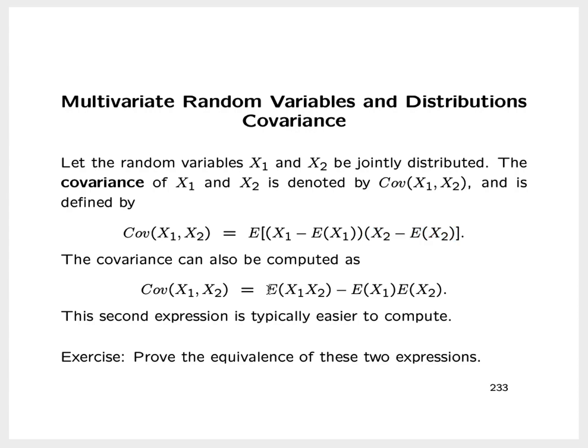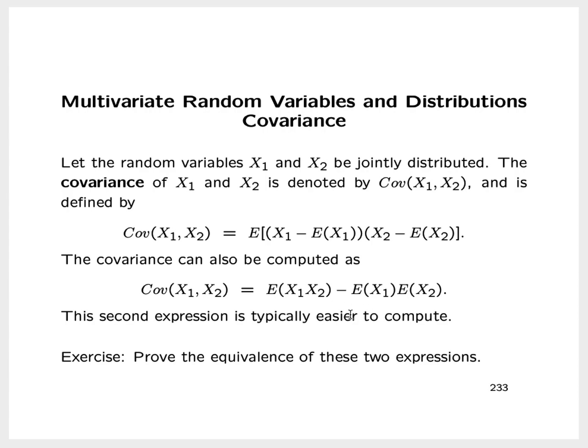Now, there's a nice computational formula for the covariance. It turns out that this expected value, which is the definitional formula, is equivalent to this computational formula, the expected value of x1 times x2 minus the product of the expected values of x1 and x2.